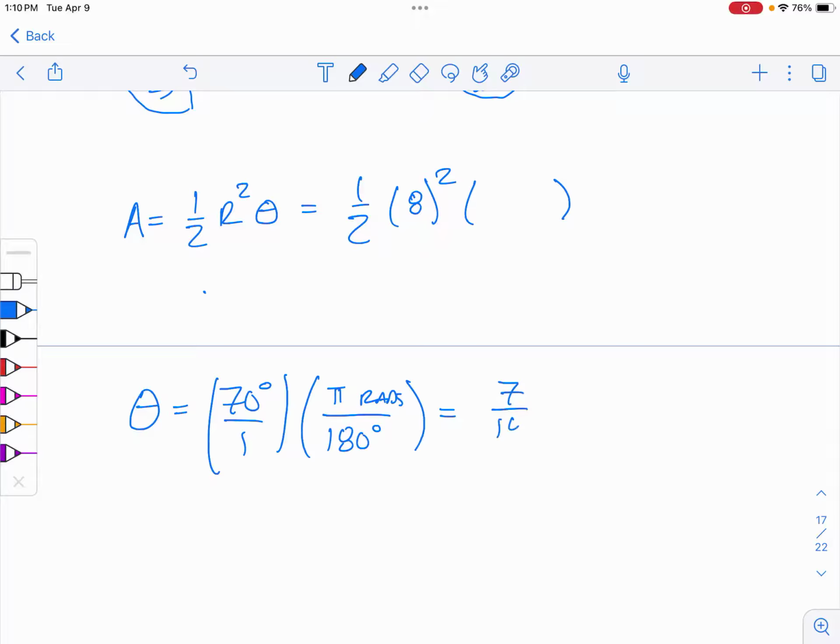So 7/18 pi rads. And then I can actually put that in my equation.